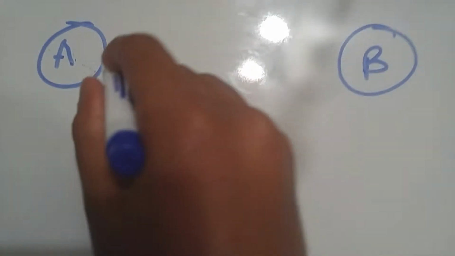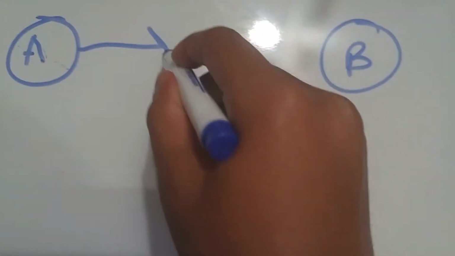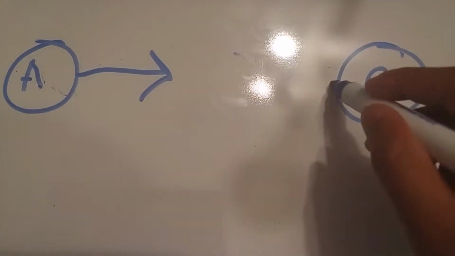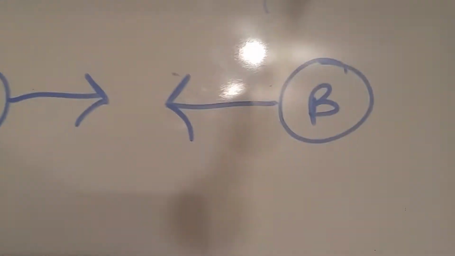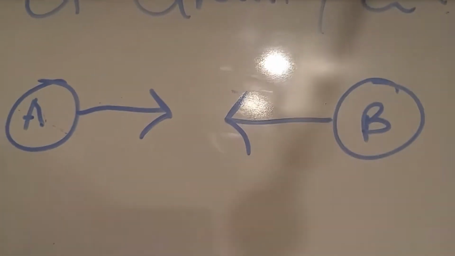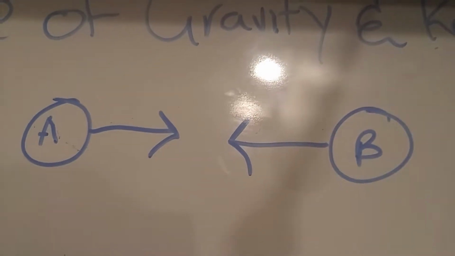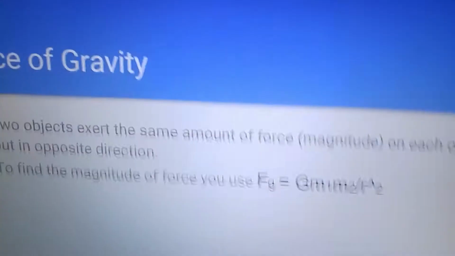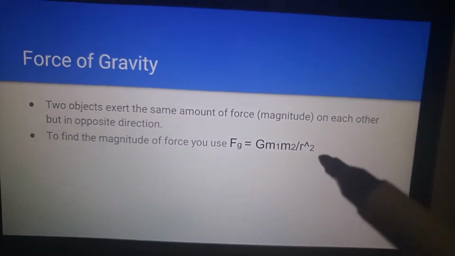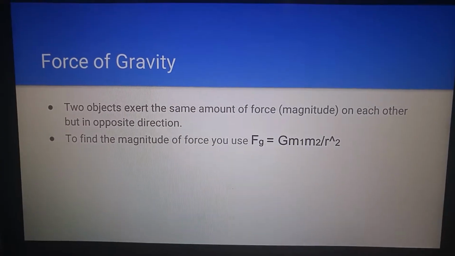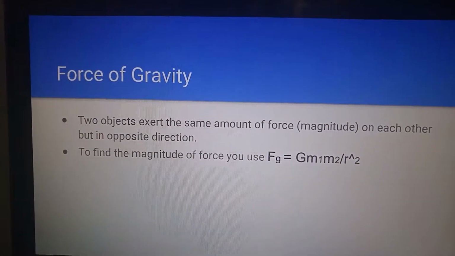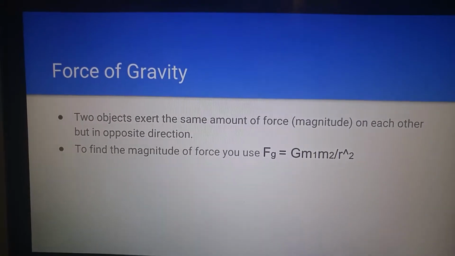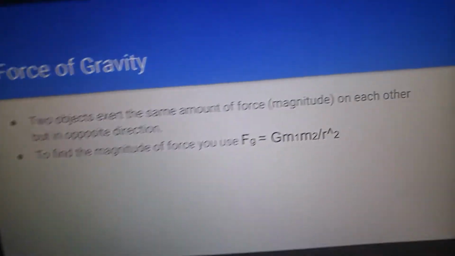A would have a force, and B would have the same exact vector, the same size, but in the opposite direction. So basically, you're applying the same force on Earth as the Earth is applying on you. You're pulling the Earth towards you as the Earth is pulling you towards it.